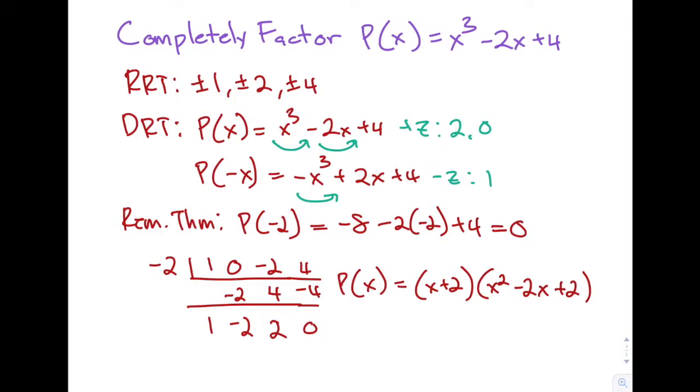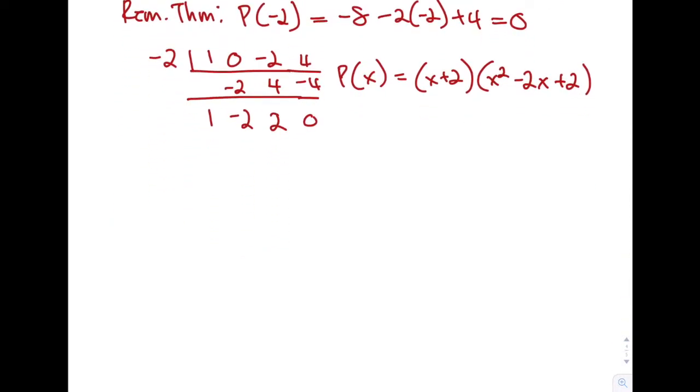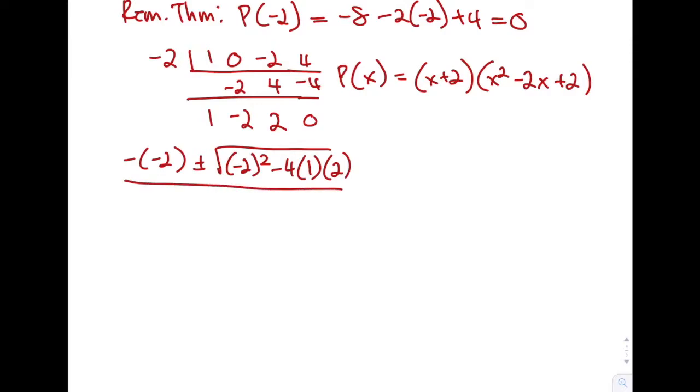Okay, so here's the fun bit. X squared minus 2x plus 2 is not obviously factorable. So now we should think, okay, quadratic formula, we can do that. Remember, we take negative b, so that'd be 2, plus or minus the square root of b squared minus 4 times a, which is 1, times c, which is 2, all over 2 times a.